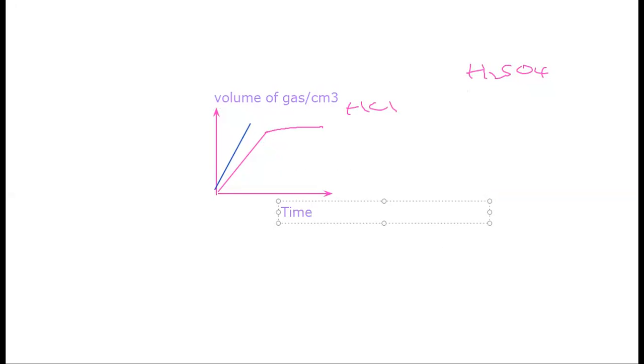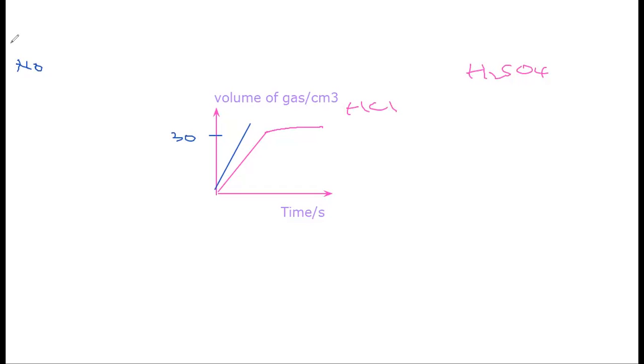Now, everyone calculate for me, what is the number of mole of the hydrogen gas produced in the experiment using HCl? When we are using HCl, the number of mole, the question already gave us, it is 30 centimeter cube.